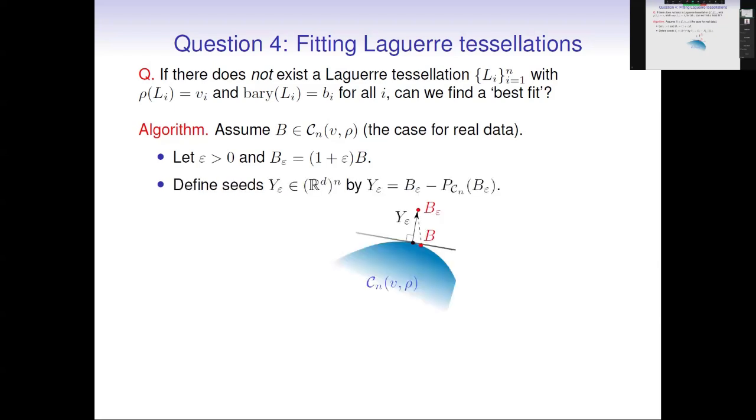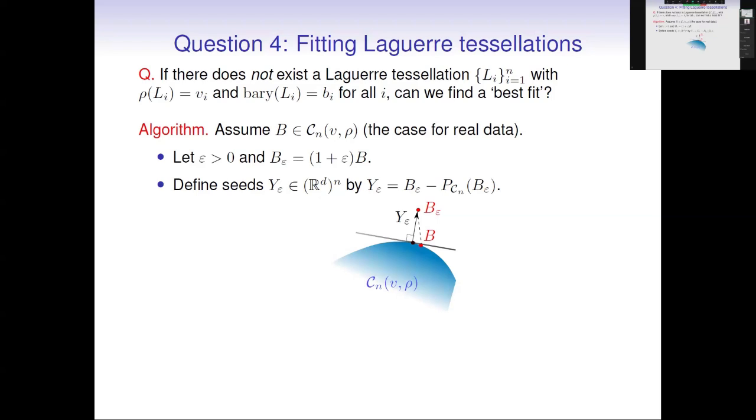Then we define a new set of seeds, the seeds of the fitted tessellation, as follows. We've got our initial point B belonging to our convex set. We've dilated it to get B epsilon, and then you project B epsilon back onto the set, doing an orthogonal projection onto our convex set, and we define Y epsilon to be the difference between B epsilon and this projection.